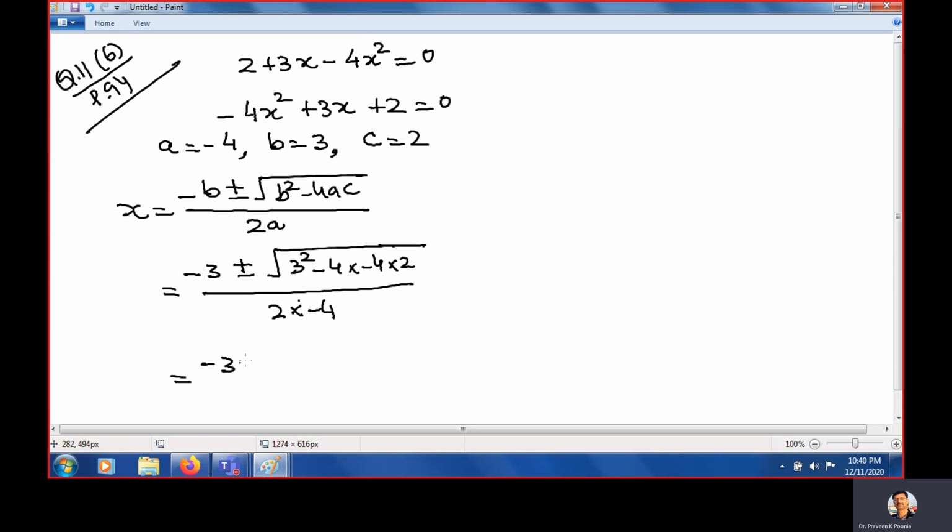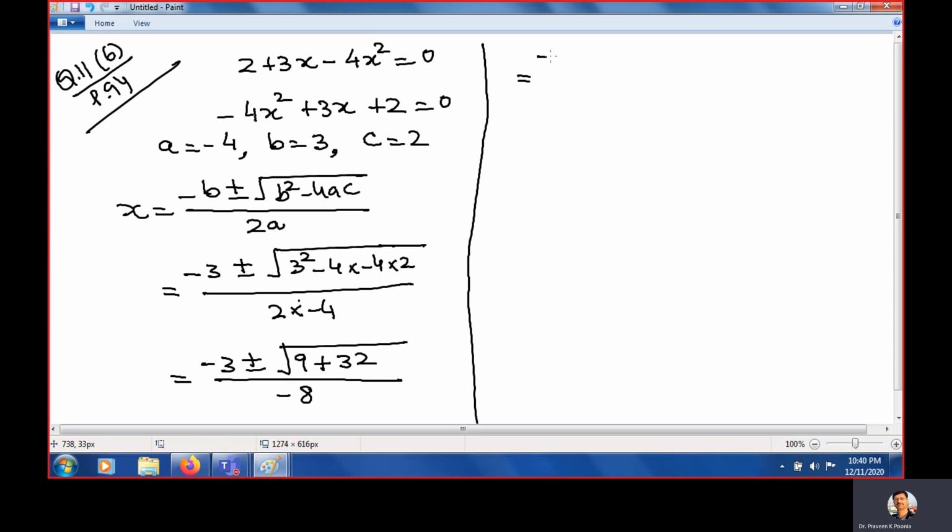If you simplify this, minus 3 plus minus square root of 3 times 3 is 9, plus 4 times 4 is 16 times 2 is 32, upon 4 times 2 is minus 8. So it is minus 3 plus minus square root 9 plus 32 is 41 upon minus 8.